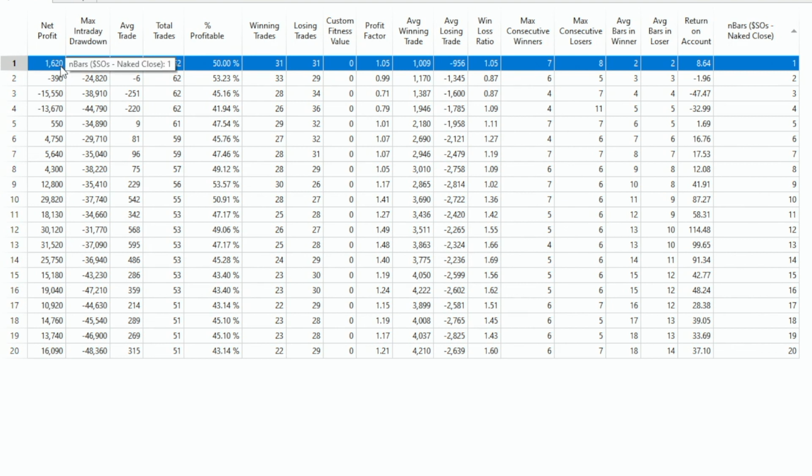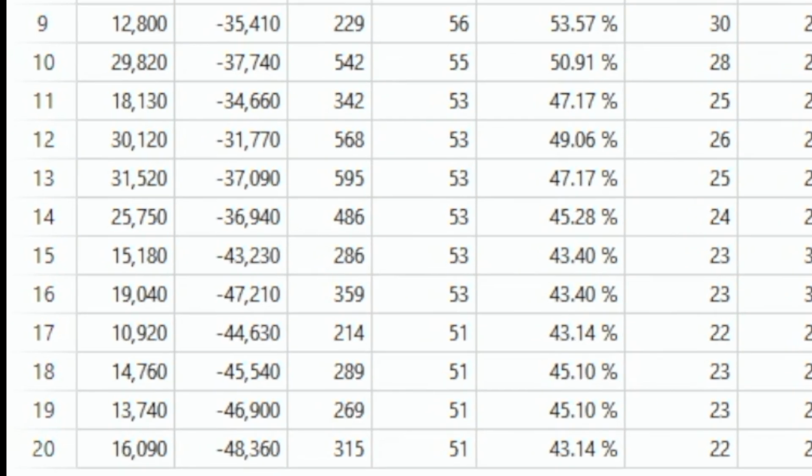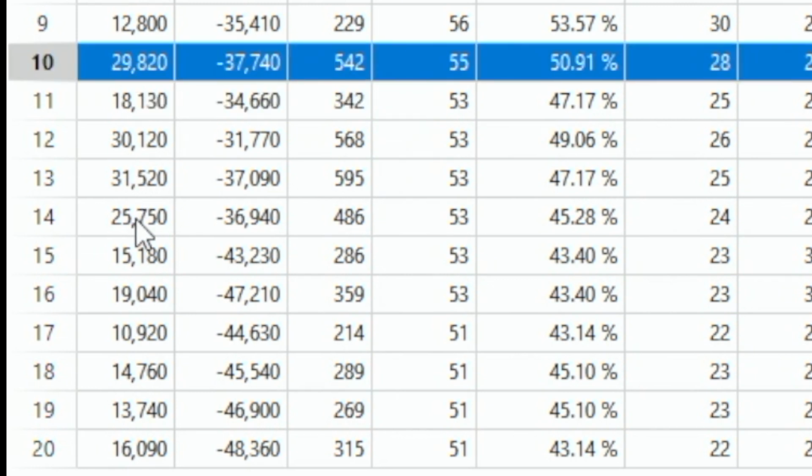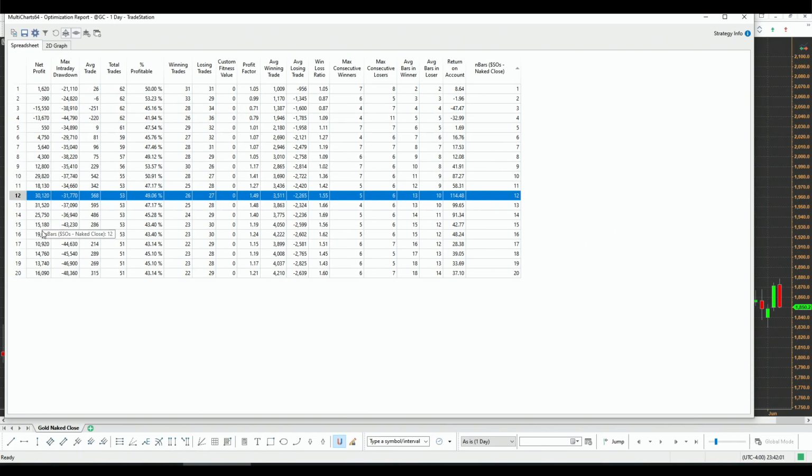I mean, 16, 20, that's not even gonna cover the commission and slippage. And then we lose. From 6 bars onwards, we start to make money consistently, and we can see that the best range is between 10 and 14. So I'll pick 12 as the best lookback period that sits in between 9 and 16.